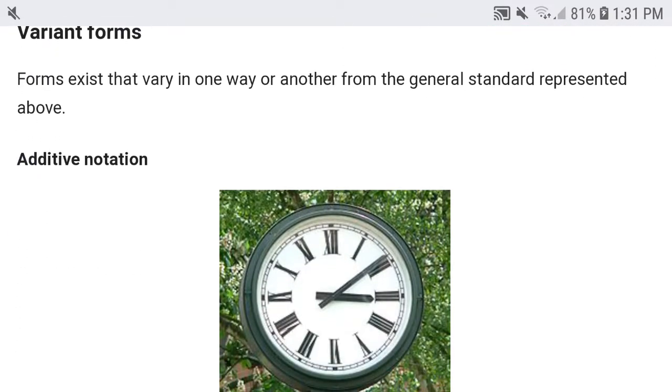Variant forms. Forms exist that vary in one way or another from the general standard represented above.